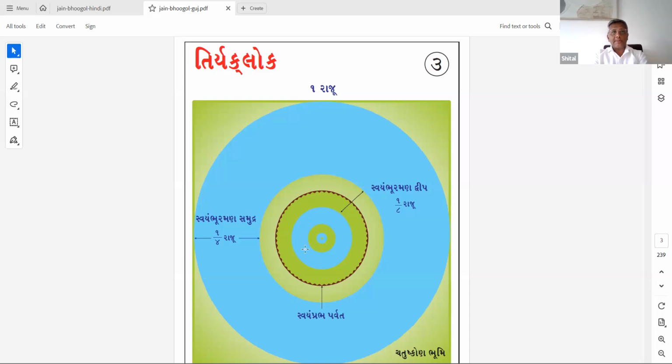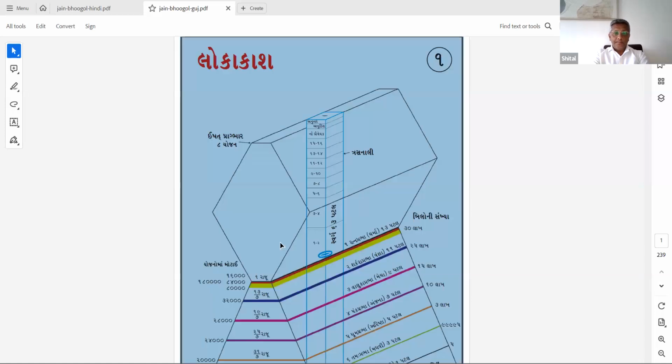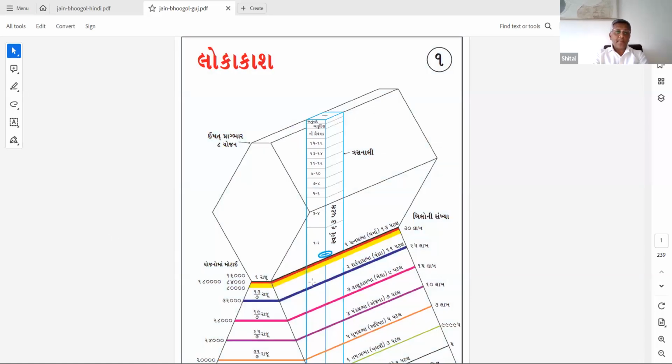Also, just to give you a perspective of how small Manushya Kshetra is, if you go back to this chart, we've said this has Asankyat Dweep and Samudra. Only 2.5 islands and 2 oceans is where humans live. Such a small area compared to the full Lok.